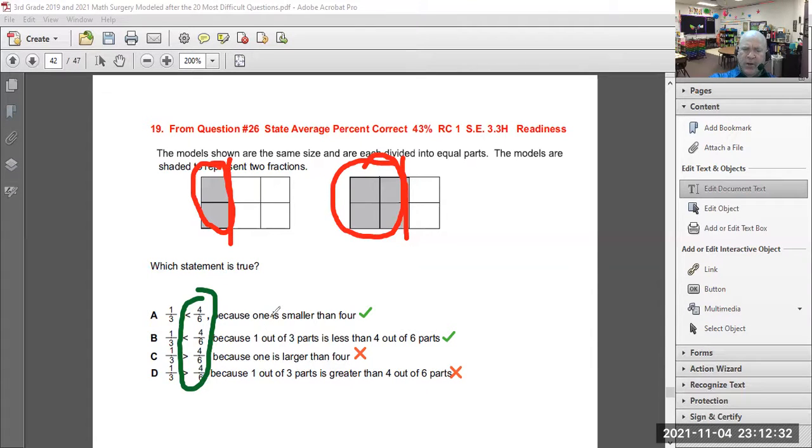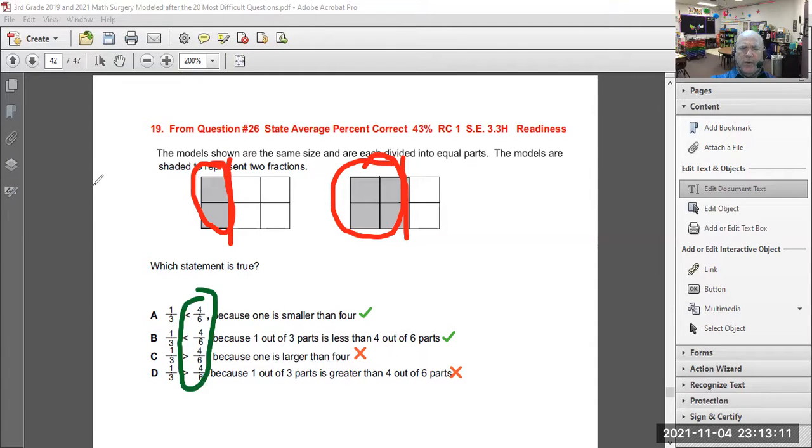But if you look at this part, 1 is smaller than 4. Well, the 1 is 1 part, but the 4 is these 4 pieces, what represents 2/3 of that second model. When you only compare, and I said that at the beginning of the video, if you only compare the numerator or the denominator, you're going to get the wrong answer.